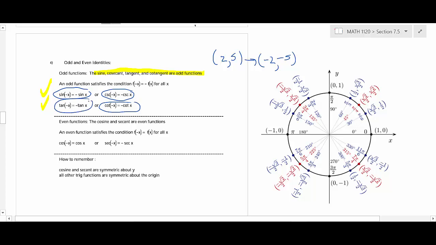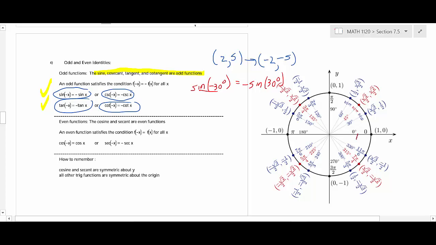Now I'm going to try to show you something and see if this makes any sense to you, just with my unit circle here. Let's say that we have the sine of -30 degrees. According to that identity, that should be negative sine of 30. Let's look at that and see if that's right. -30 is in what quadrant, class?